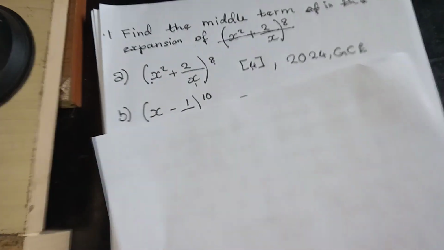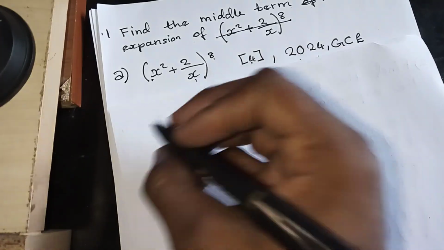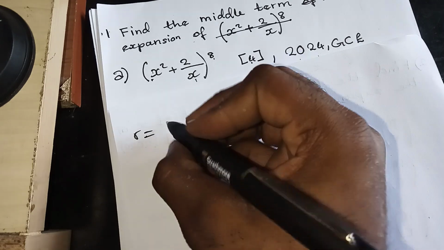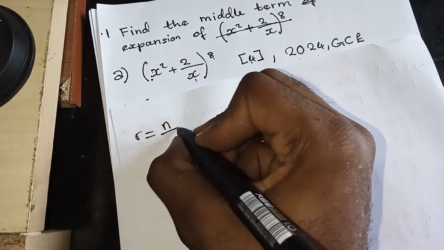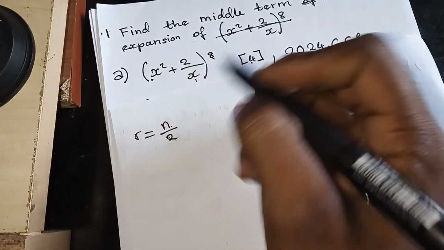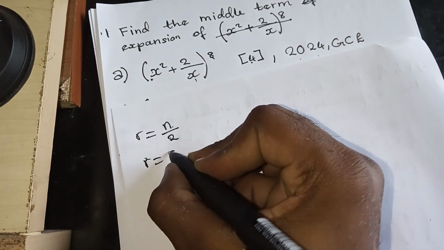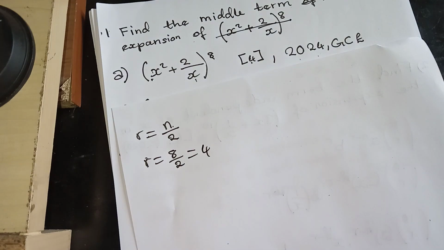So to do this, you want to start by finding your r, and r for the middle term is equal to n divided by 2. So our n in this case is 8. So we can say our r is equal to 8 divided by 2, which is 4.